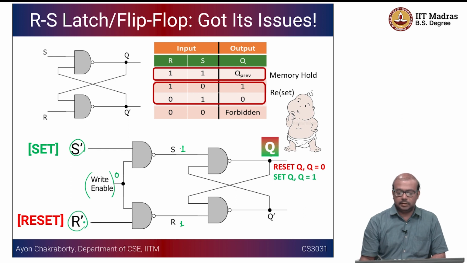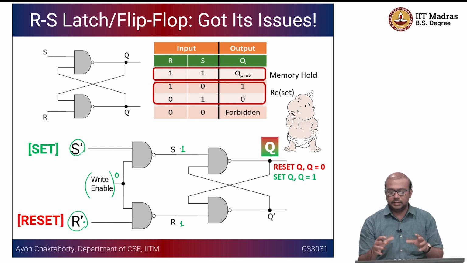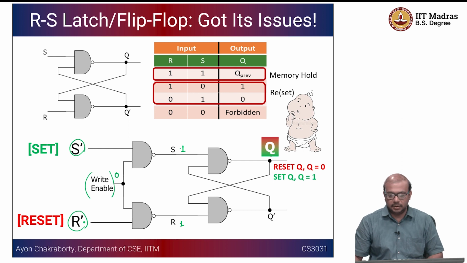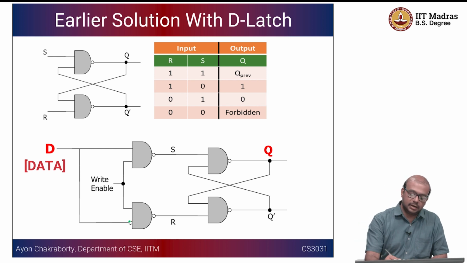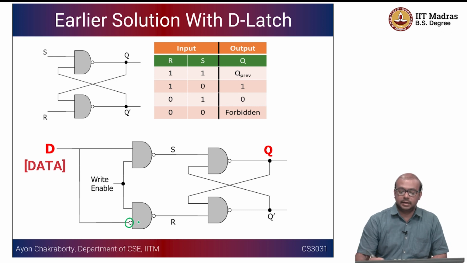So don't worry, this is not a new kind of latch or flip-flop. This is an RS latch only, and these are the issues with the RS latch that we have already faced earlier. The first solution was using a D input and making sure that D and D bar are supplied to the top and the bottom NAND gates.